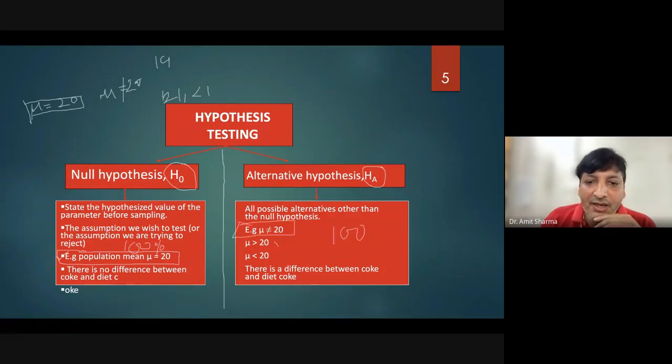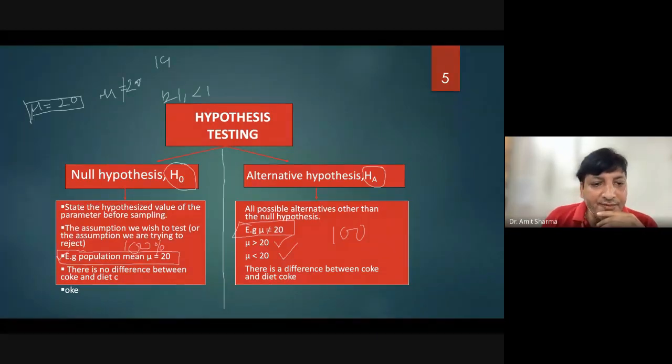It can be less than 20 or more than 20. It can be 18, 19, 21, 22, but not exactly 20. So on both sides you are 100% sure, but what you write under the null hypothesis and under the alternative hypothesis are opposite.